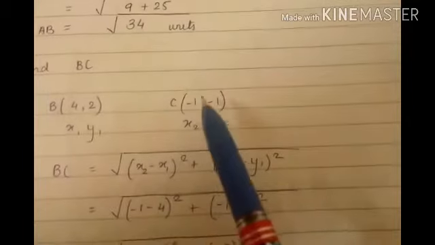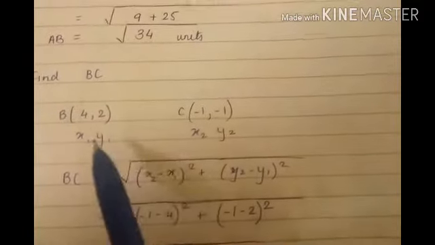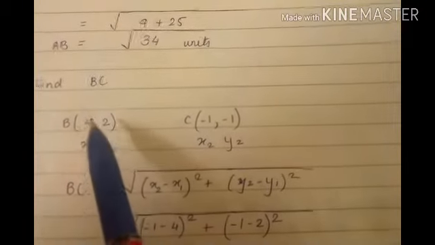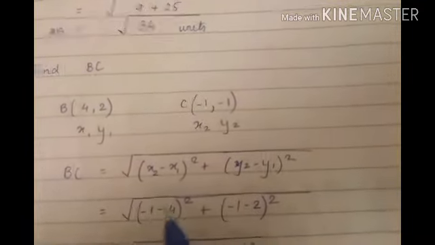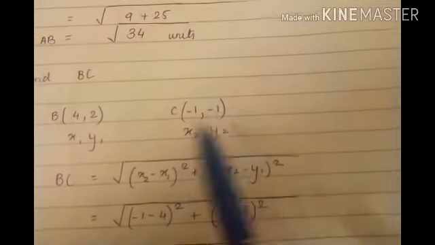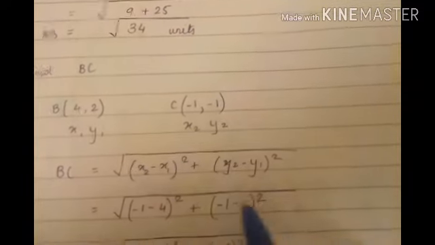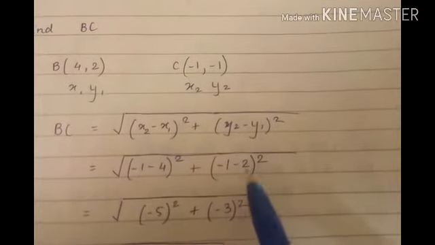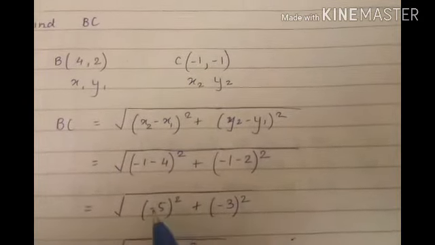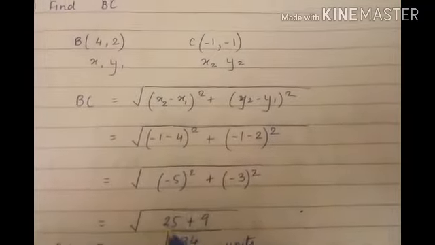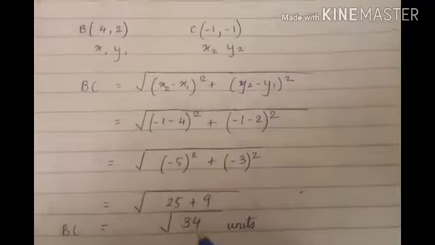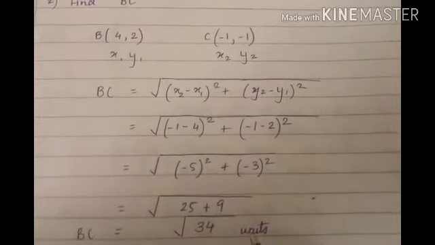So x2 minus x1: -1 minus 4 the whole square plus y2 minus y1: -1 minus 2 the whole square. So -1 minus 4 is -5, -1 minus 2 is -3, the whole square. Minus square is plus, so 5 square is 25, and 3 square is 9. 25 plus 9, so BC is root 34 units.